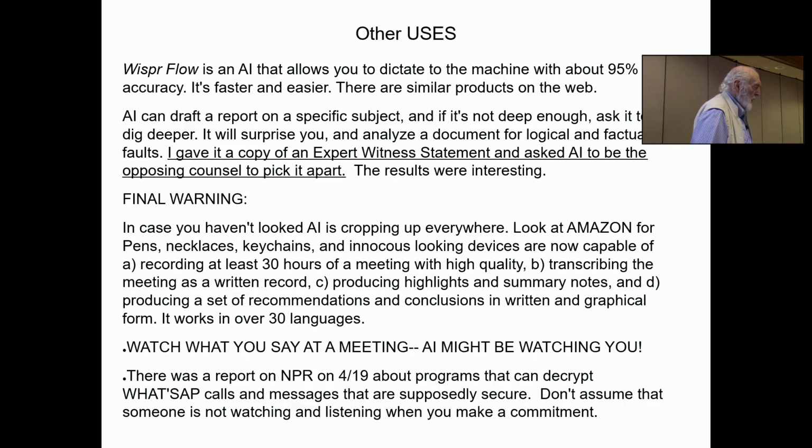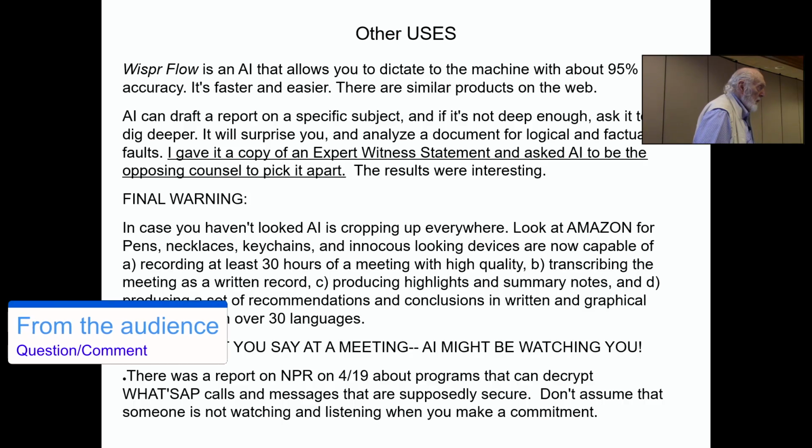So the advice basically is watch what you say in a meeting, because it can be recorded and it can be used against you. With that, I've heard stories of people who have a meeting and they don't realize that an AI is turned on, especially like in Google Meet.